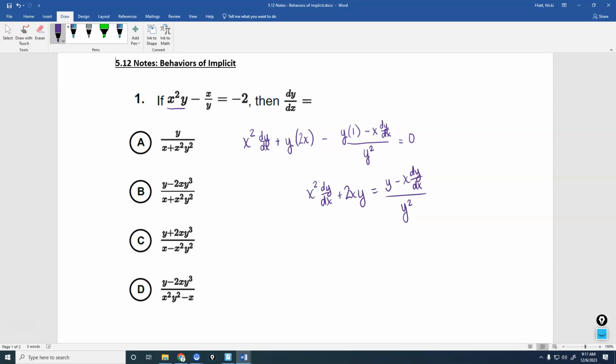Then we can multiply both sides by y squared to get that y squared out of the denominator, because it's a problem in the denominator. This has to be distributed here. So we'll have x squared y squared dy/dx plus 2xy to the third equals y minus x dy/dx.